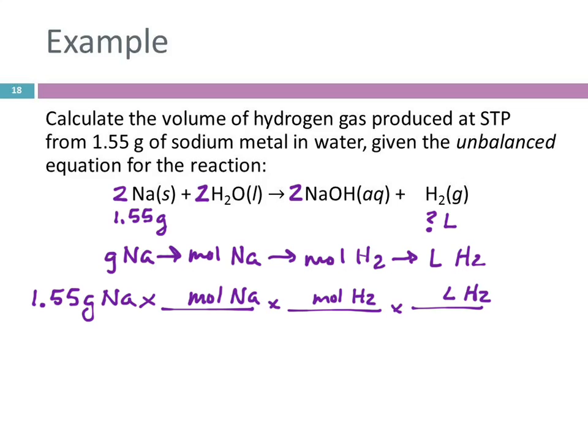I'm going to mix it up and do it left to right this time. Grams of sodium. I'm taking this unit and sticking it in the denominator so they cancel out because I want it to go away. And moles of sodium goes down here, goes away. And moles of H2 down here. So they cancel out.